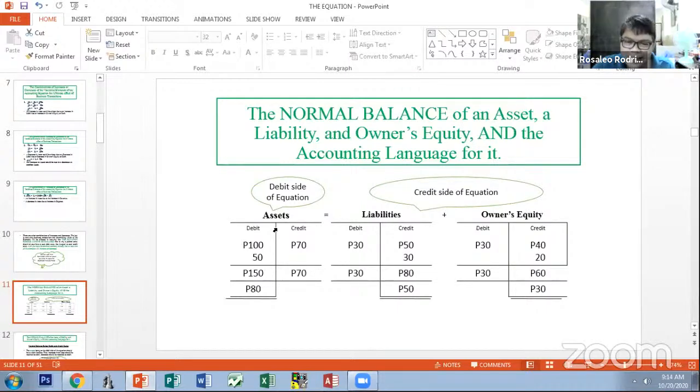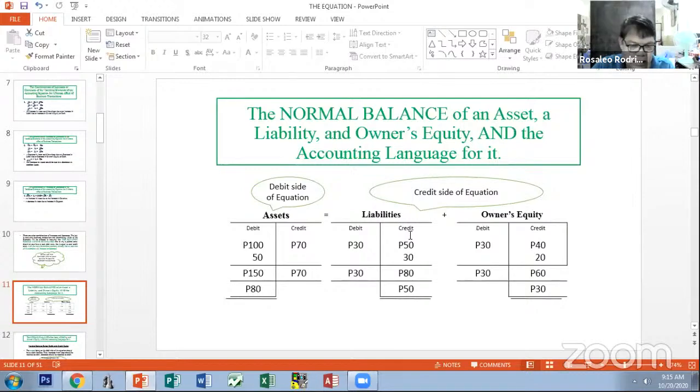I don't know, but we learned that it's called debit and credit. Now, increase or decrease, I think the reason is that the accounting discipline does not use increase or decrease, because as we go to the other side of the equation, an increase in liability could be on the credit side.